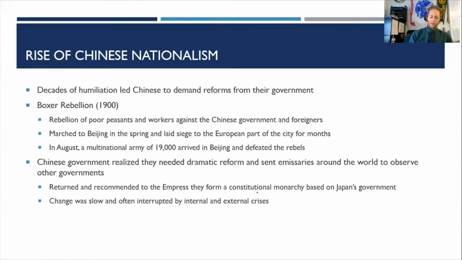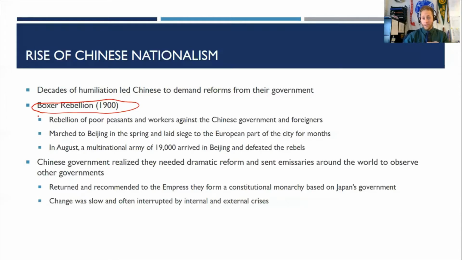The Chinese people are going to embrace that idea and start to push against any foreigners meddling in China. This is going to lead to something called the Boxer Rebellion, another interesting conflict from Chinese and world history. These were mostly Chinese peasants and working class individuals who rose up against the Chinese government, mostly out of frustration for the government's inability to protect the Chinese people from these foreigners, but also against the foreigners themselves.